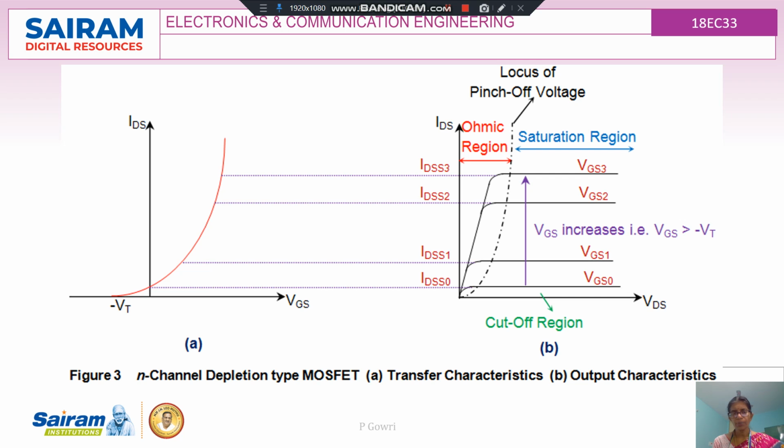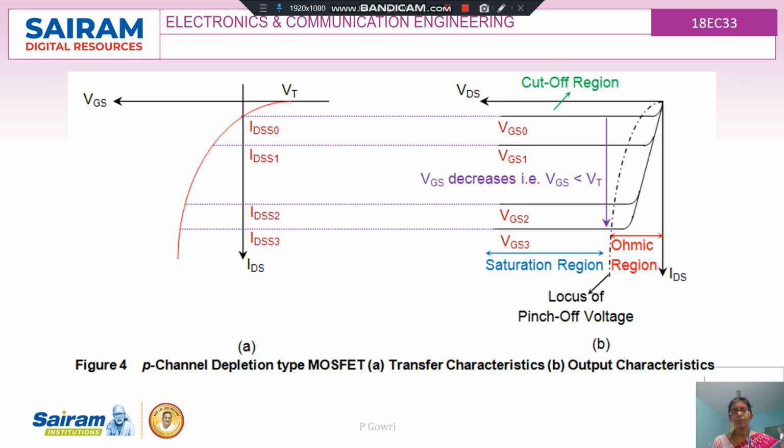Similarly, for the P channel depletion type MOSFET, the curve can start from a positive value of VT. So when VT is equal to 0, the channel is still there, and the channel gets depleted and then formed again. This results in a curve similar to that of the enhancement mode; the only thing is that the channel exists for a negative value of VT itself.